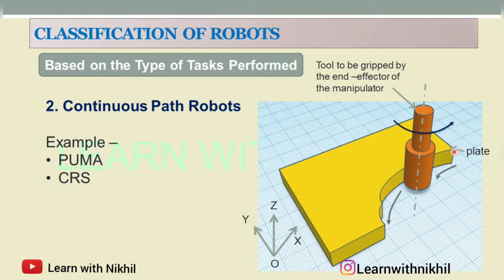This path can be given by the robot. The instructions have to be given to the robot, and through that it performs the task. As we want, we have to give the commands and it will move accordingly and it will cut the plane. So this is in 3-dimensional. The examples of this are Puma robot, CRS robot.